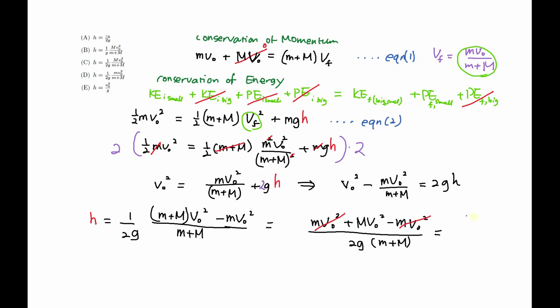So our final answer for our height is M V initial squared over 2g times (m plus big M), and we have the answer here, C.